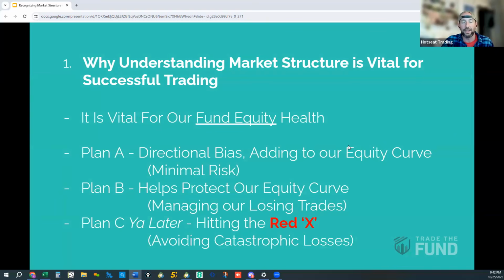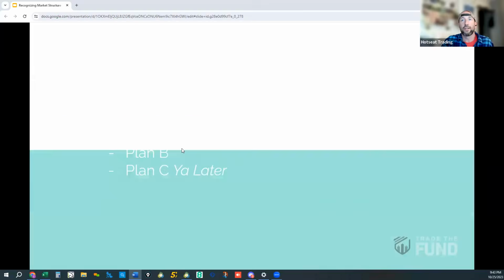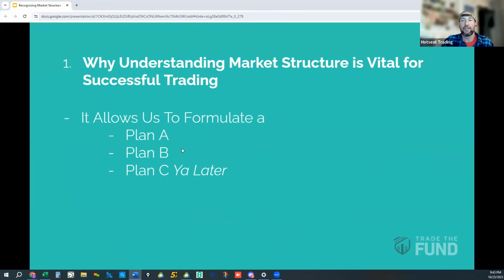It can't be an account destroying, challenge failing loss. All of that is wrapped up into the analysis of market structure. So by analyzing and understanding market structures, before we even place a trade, we give ourselves the best pathway to protecting our accounts with a plan A, plan B, and a plan see you later.